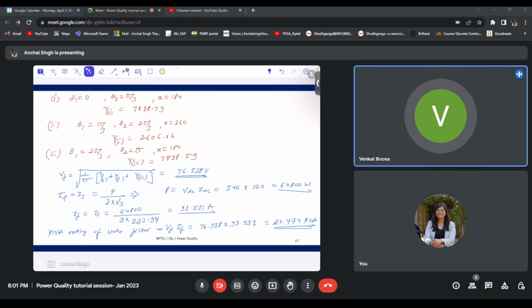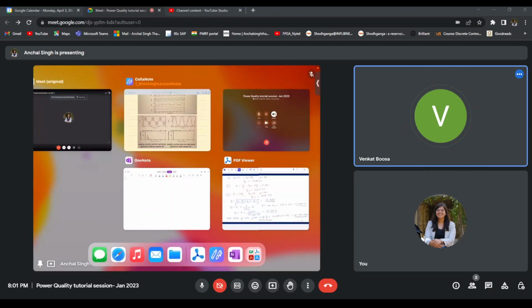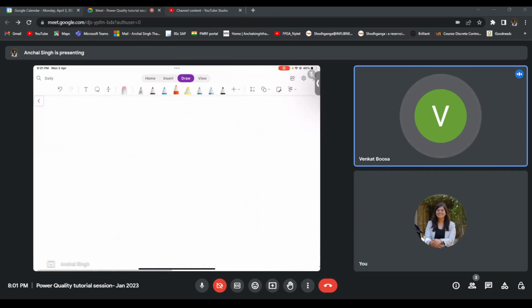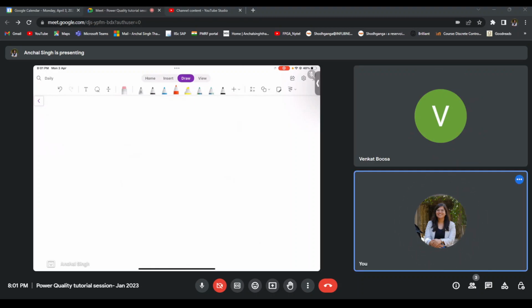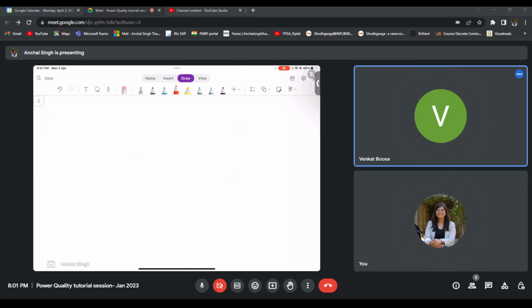In that problem the source is 220 volts. Here the difference is 230 volts, madam. How to derive that Vf value, madam? The value is given, right? Here it is a single phase VSI with square wave AC output.